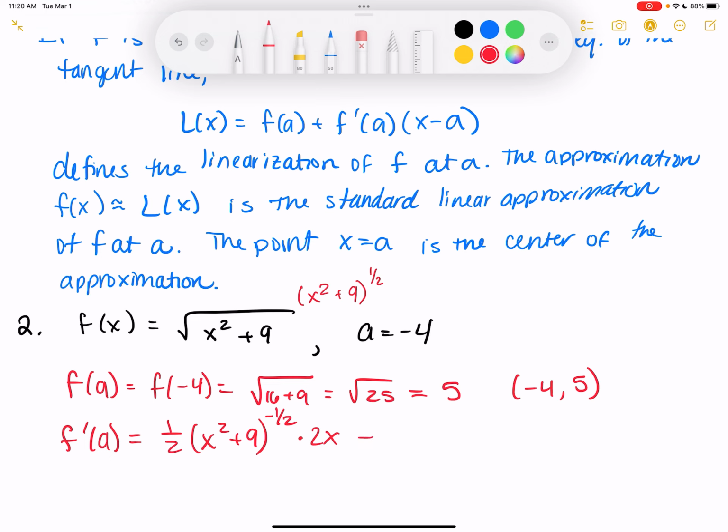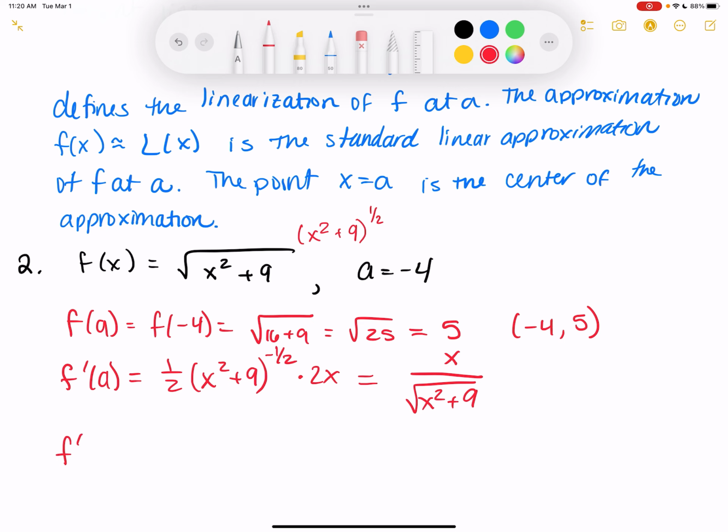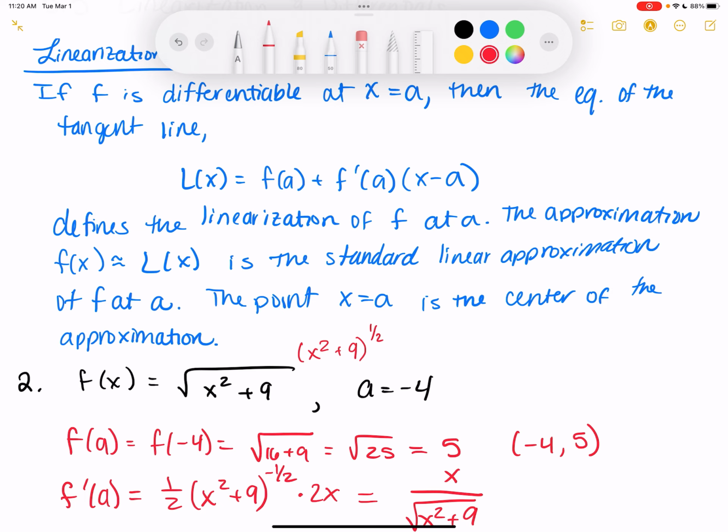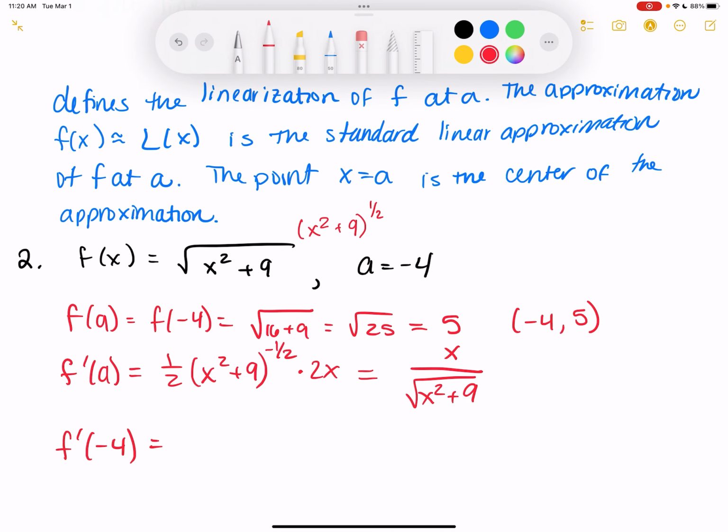If I rewrite it, the 2's cancel, so I'm left with x over the square root of x squared plus 9. Now evaluate it at negative 4. I would have negative 4 over the square root of 25, so negative 4 over 5. We can call this m, which is our slope.